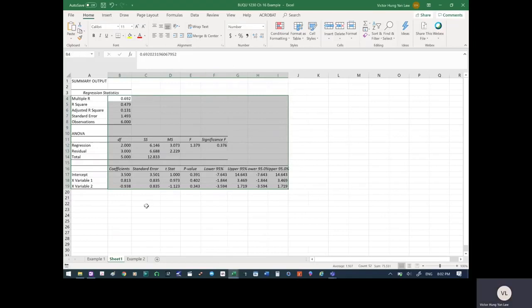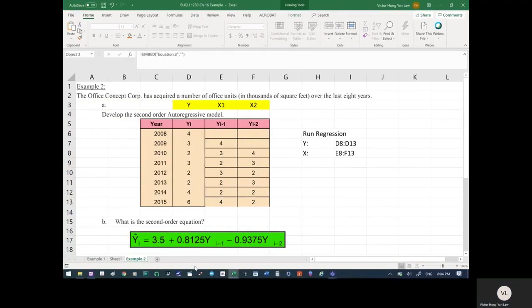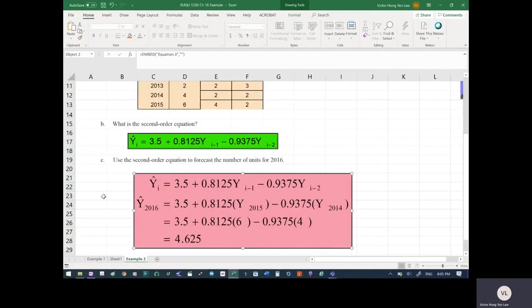Then we use the coefficients: the y-intercept, slope 1 and slope 2, and write out the equation. So we have y equals 3.5, which is your y-intercept, plus the slope of x1 times x1, plus the slope of x2 times x2.